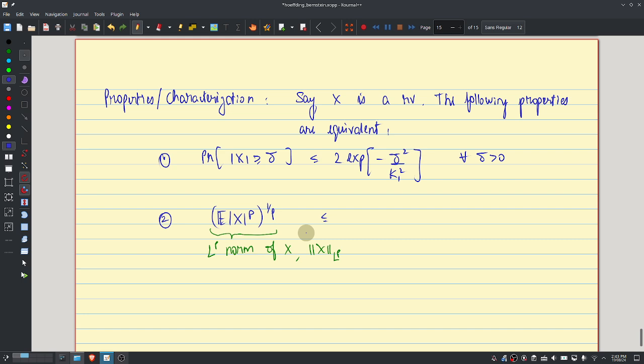This is less than or equal to K2 times square root of P for all P greater than or equal to 1, where K2 is some other constant. Okay. One thing to note is that K1 and K2, these only depend on the distribution, nothing else.